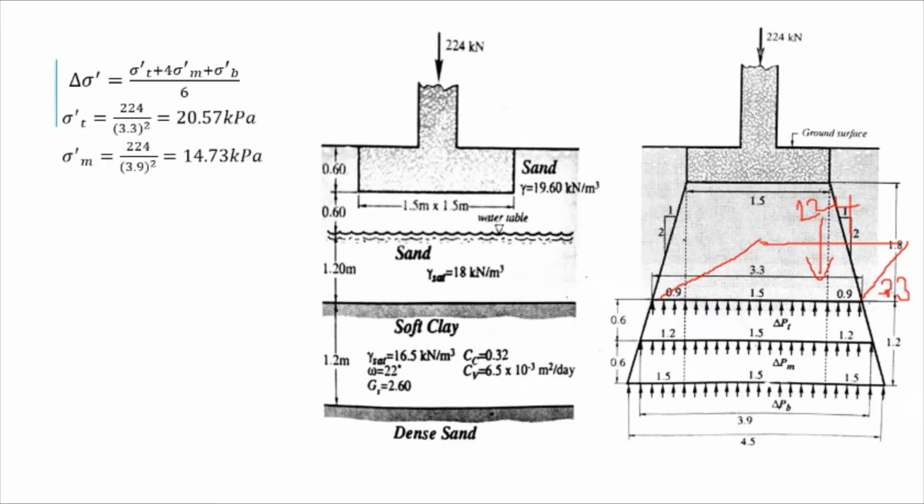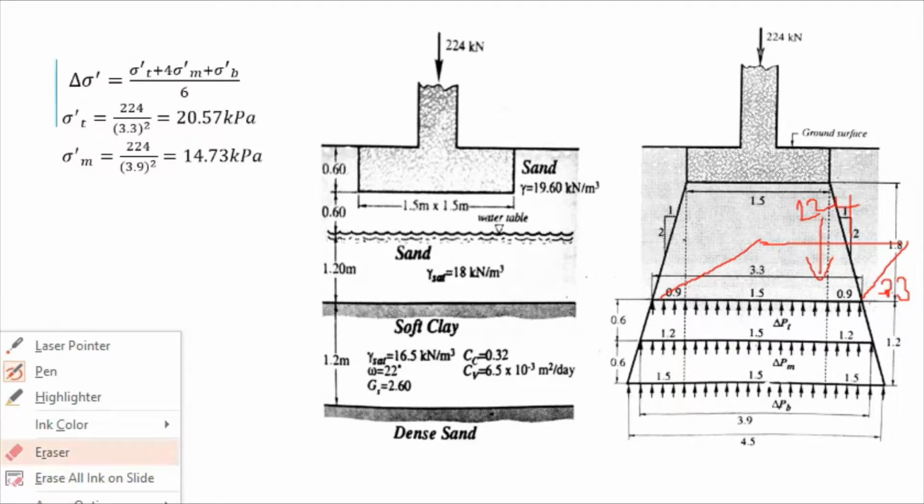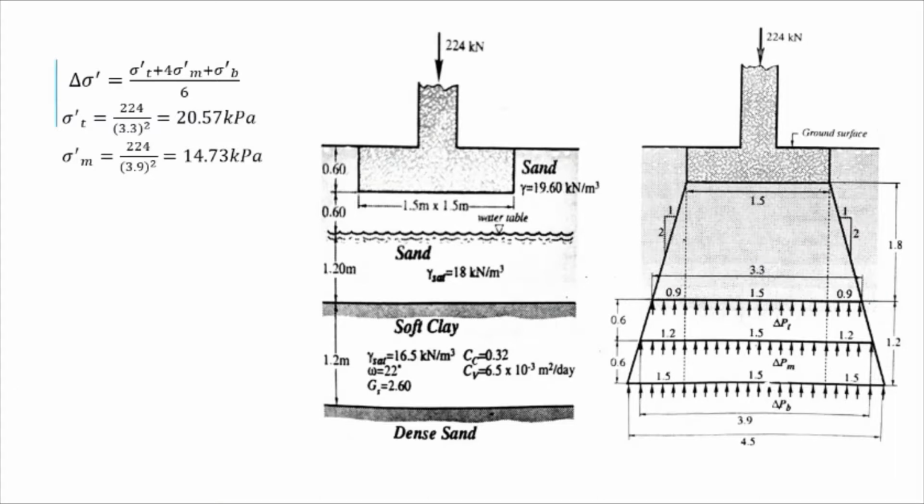And then, at the mid-height of the clay layer, also, ganun din. So, erase tayo. At the mid-height of the clay layer, hanggang mid-height ng clay layer natin ay ilan? 0.6 plus 1.2 is already 1.8 plus 0.6 is 2.4. So if it's 2.4, itong height na ito, 2.4, ito ay magiging 1.2. If it's 2.4, this will be 1.2. Yung gitna, 1.5.